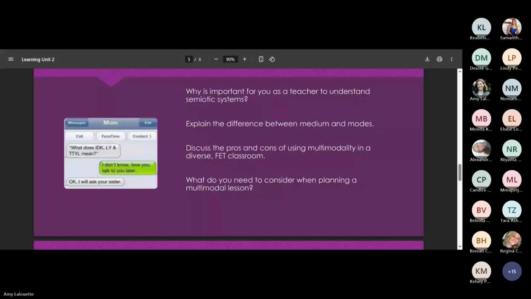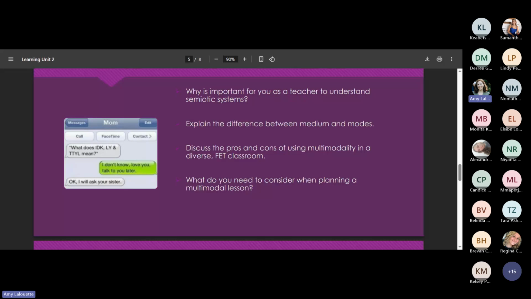So what has happened is the mom has seen these acronyms and asked what they meant. The daughter, or the son, has obviously replied by decoding what these letters mean. But the mom does not understand that. She does not understand that that message was the decoding of the symbols, of the letters.